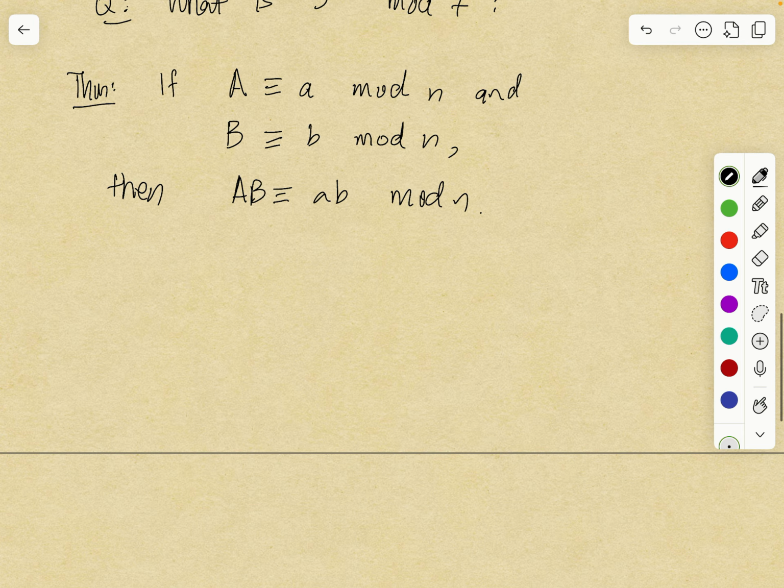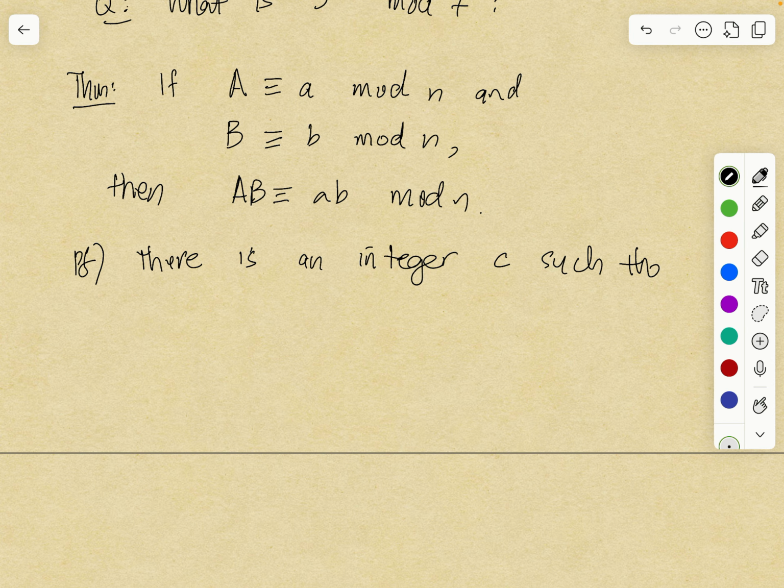The proof of this is pretty simple. It follows from the definition of being congruent mod n. Since capital A is congruent to little a mod n, there is an integer, say c, such that capital A is little a plus nc.